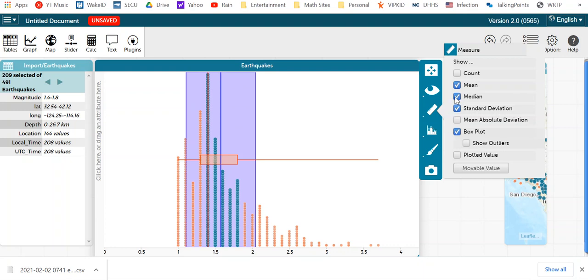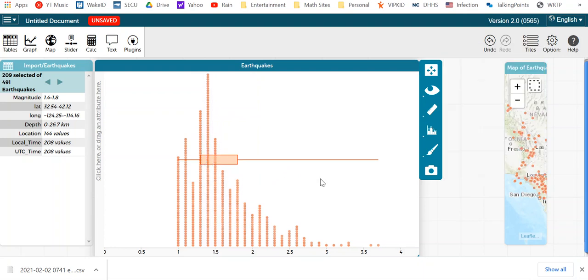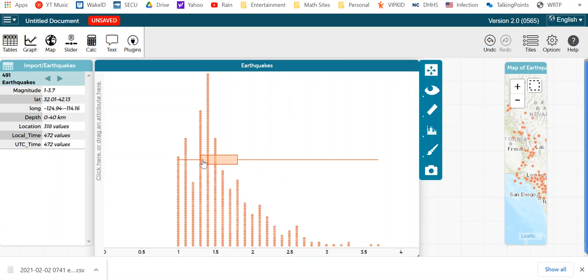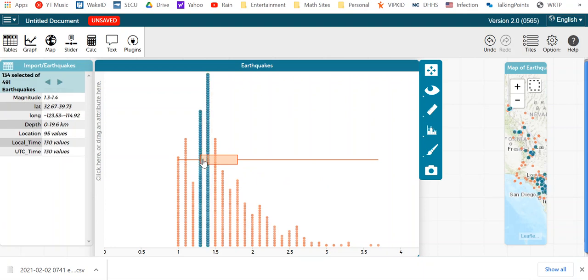I think I'm going to lean toward doing the box plot and going that way, where it's literally cutting it into quarters. All right, there's that quarter. There's that quarter.